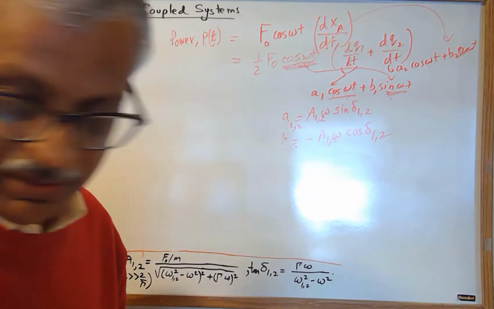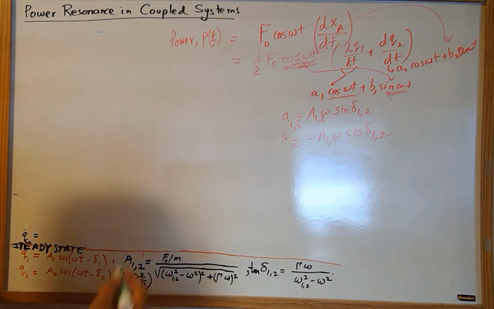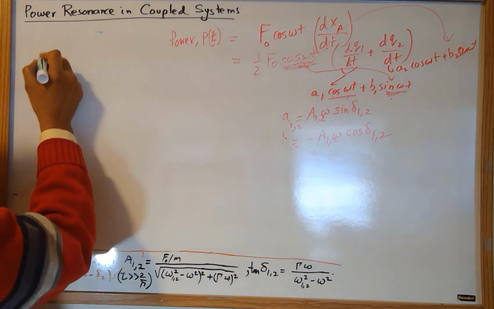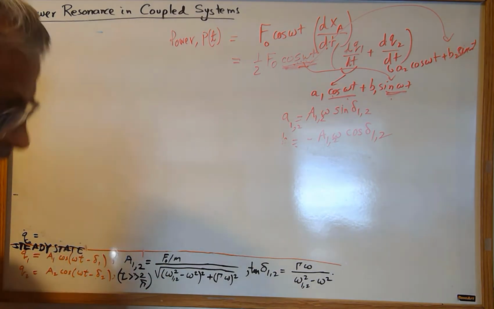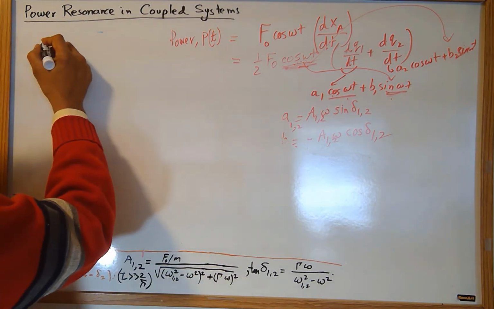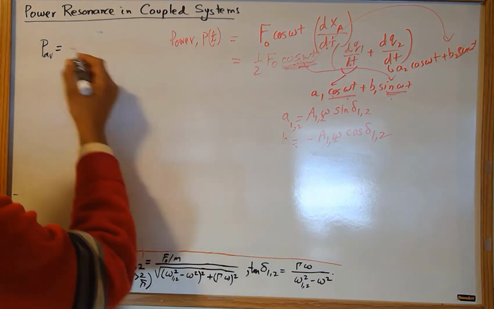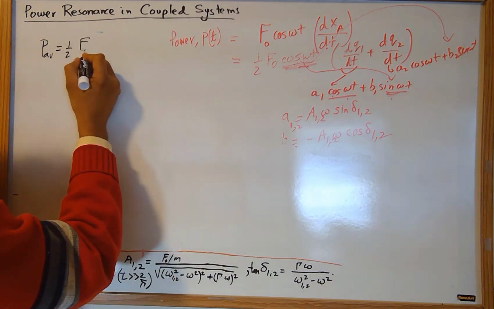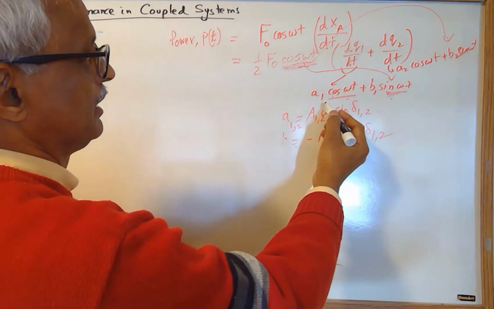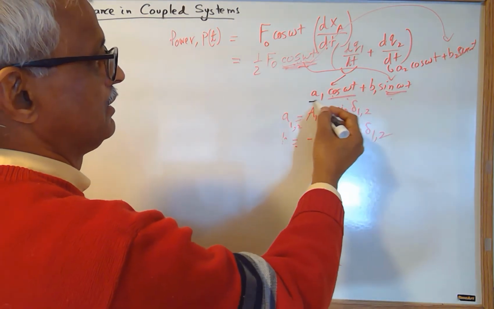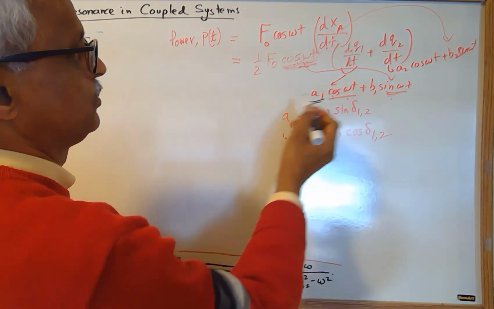So when you work this out, the average power will look like 1 over 2 f0, and then I'm going to go with the thing that gets me a1, because that's the one which goes cosine.